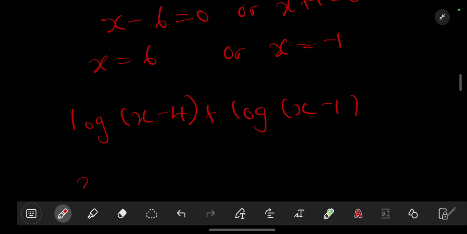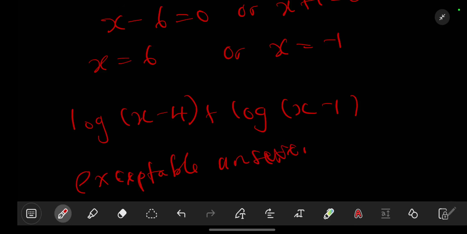So that means the acceptable answer in this case will just be equal to 6. Why 6?